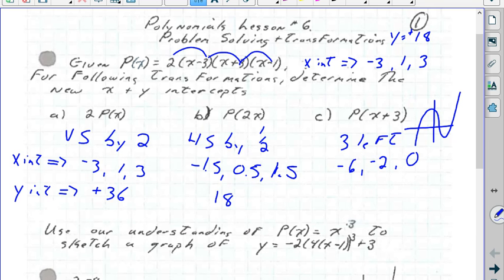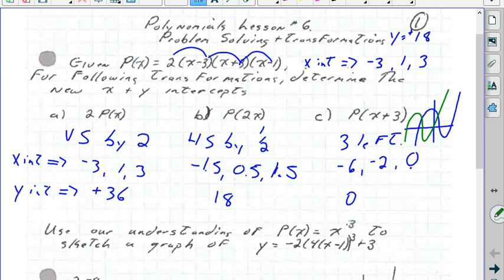Because I picked up the entire graph and I moved it that way. So I'm going to have a new y-intercept, and in this case, the y-intercept is going to be 0, and we could do this without any calculations because I have a new x-intercept of 0. So my new graph will be crossing like that.